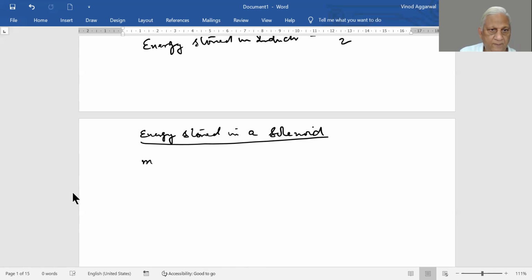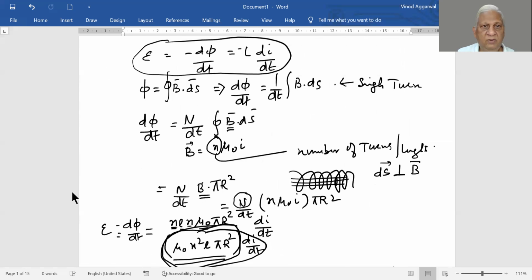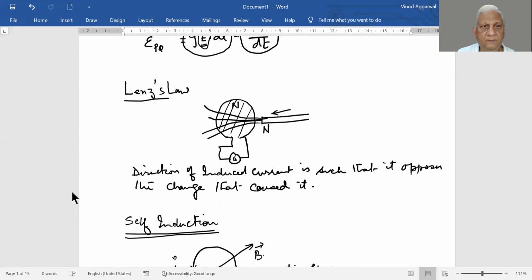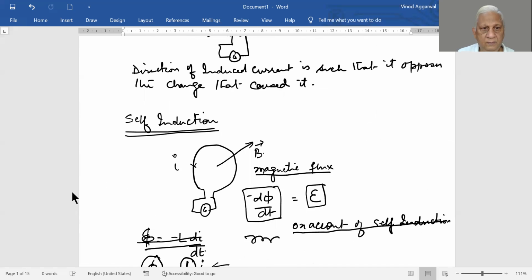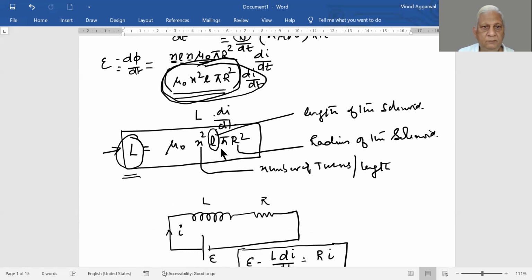We have already seen magnetic energy is equal to L I square by 2. And earlier we had got an expression for the inductance of a solenoid.